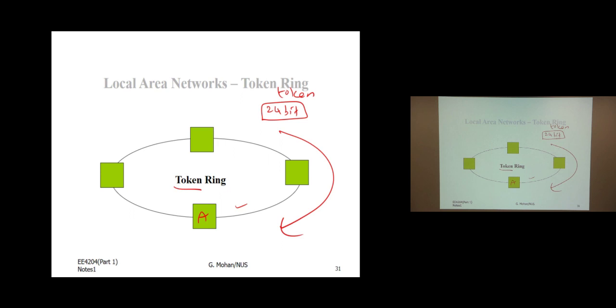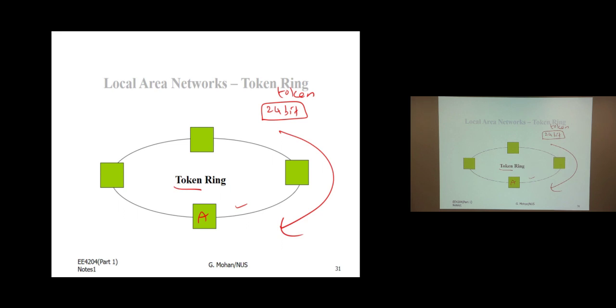There are also other issues. Though it looks simple, token management is another problem. Who generates the token? Who manages the token? What happens if the token is with some system, and the system crashes? The token is lost. So who is responsible for monitoring the token?